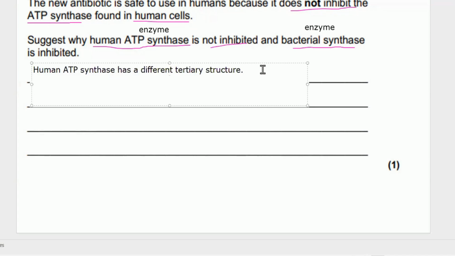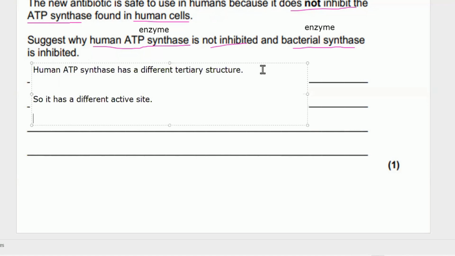And this means that the bacterial synthase can be inhibited, but the inhibitor is not complementary to the human ATP synthase. So what they're really getting you down here is knowing that they're both enzymes, so they're going to have different shaped active sites. The human ATP synthase is not complementary to whatever's inhibiting the bacterial synthase. So it's only 1 mark.